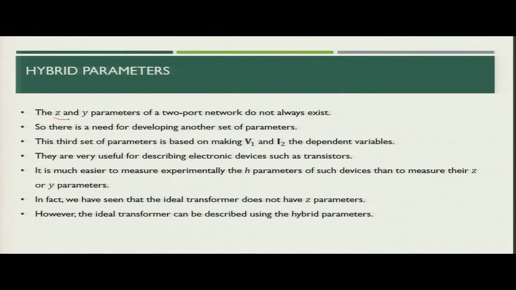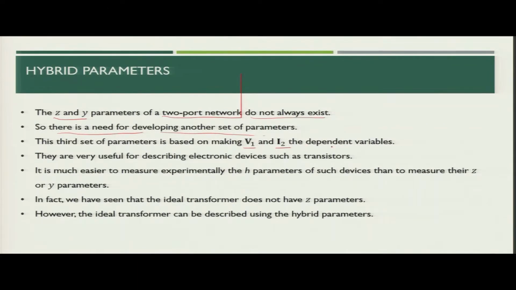We have seen Z and Y parameters, but in case of a two port network it is not necessary that you will always have the flexibility to find out the Z and Y parameters. There is a need for developing another set of parameters wherein you have the dependent variables as V1 and I2, while the independent variables will be V2 and I1.